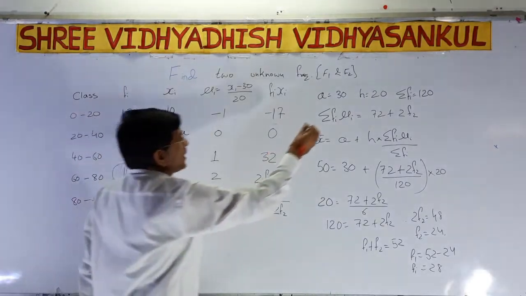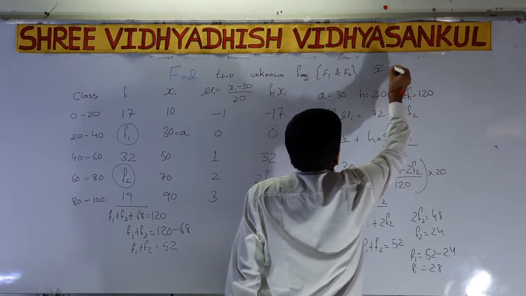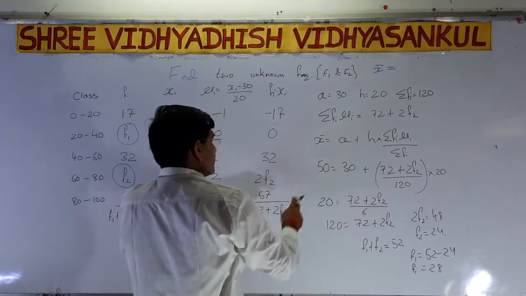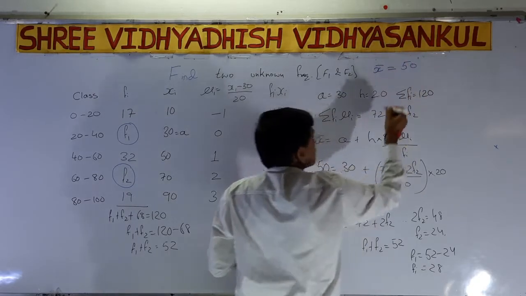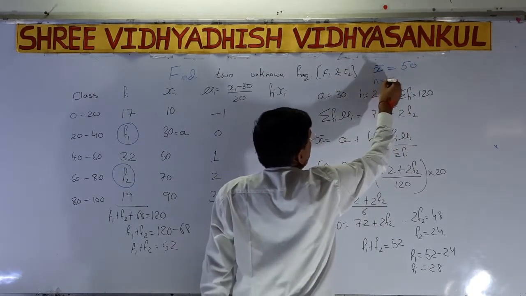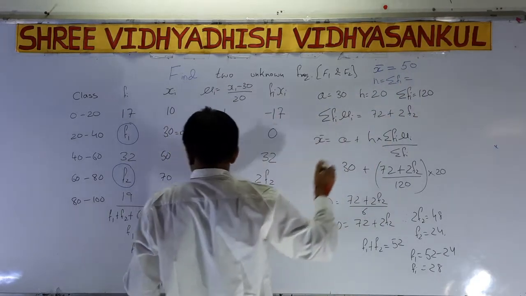So sigma Fi Xi upon sigma Fi, that is X bar, the mean, is given first. That is always given in a question. That is 50. Afterward N, or we can say sigma Fi, is also given. That is 120.